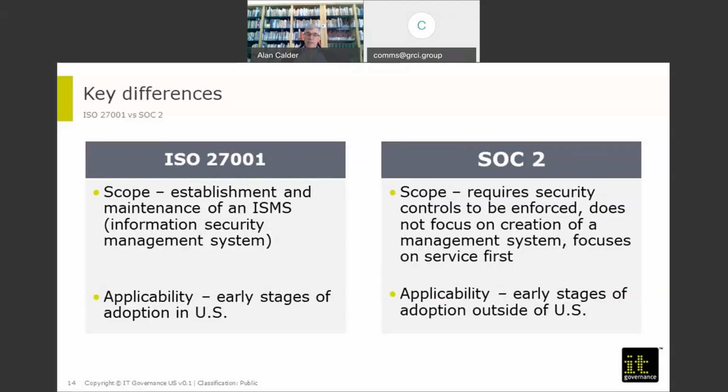There are some key differences, though. ISO 27001 is about building a management system. It's driven by top management. It focuses on the risk assessment, and the risk assessment is what determines the controls that the organization puts in place. And ISO 27001 is written so it can be scaled to meet the size of the organization.